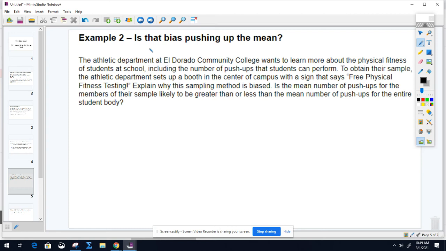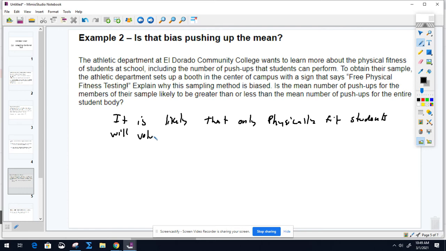So we would say it is likely that only physically fit students will volunteer for the testing.